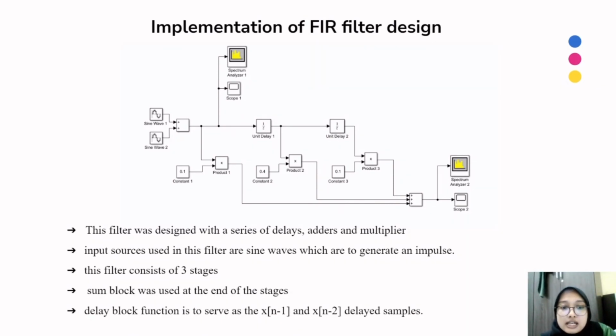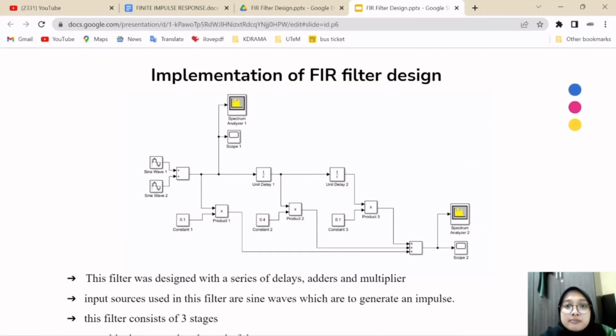The number of delay blocks used is 2, since we use a second order FIR filter. The blocks serve as the x[n minus 1] and x[n minus 2] delayed samples. Then we move on to MATLAB.